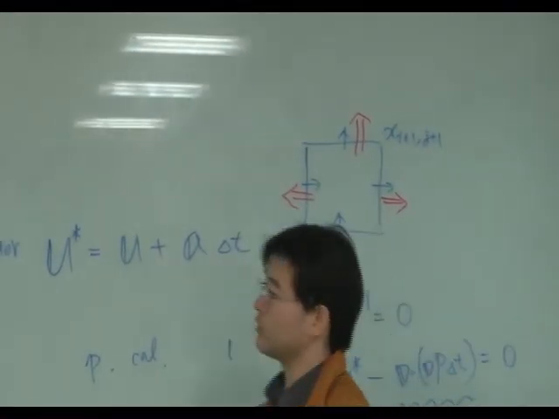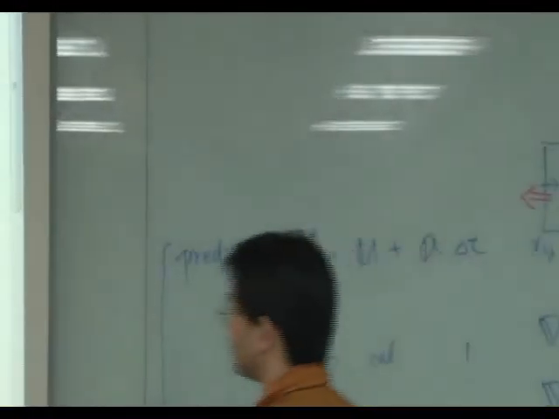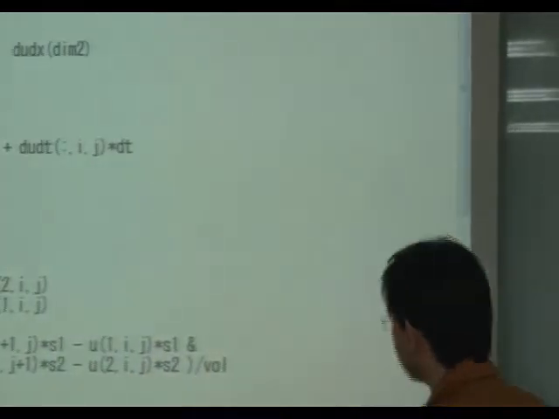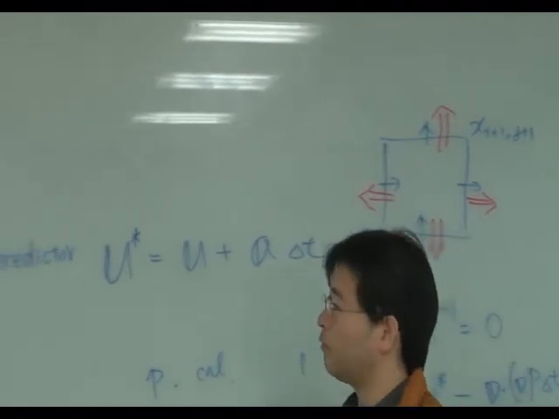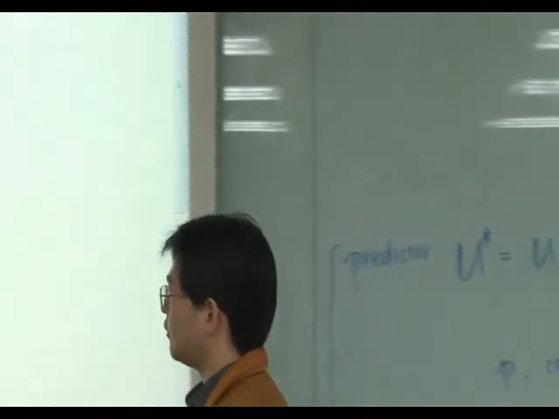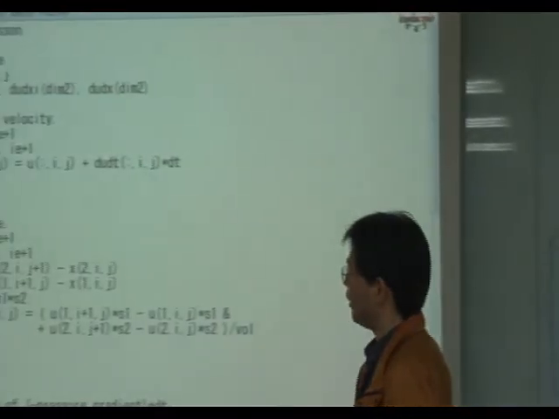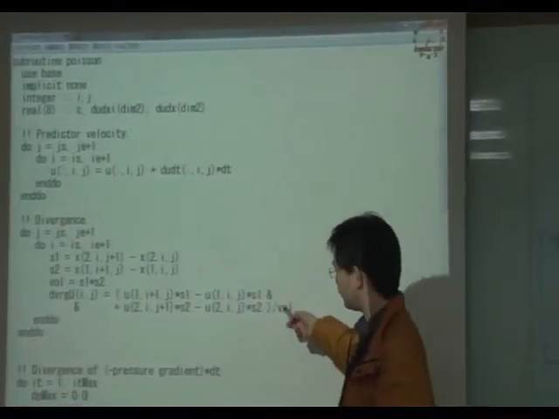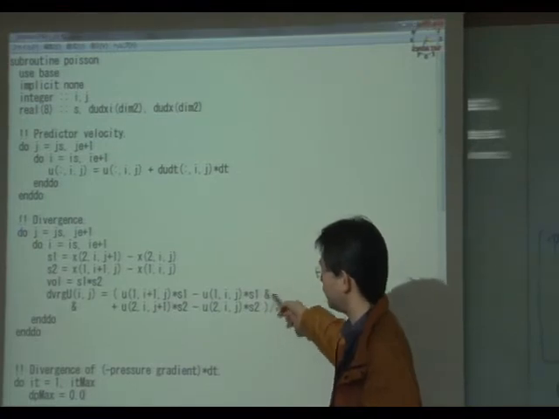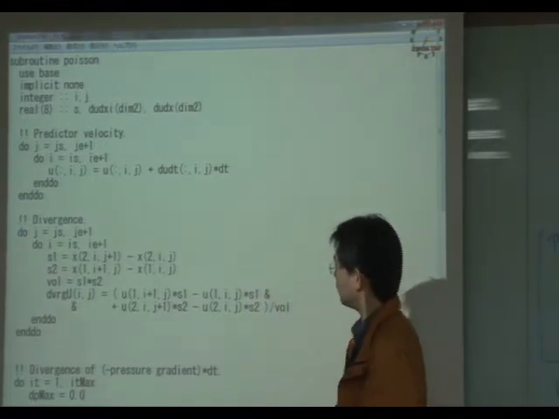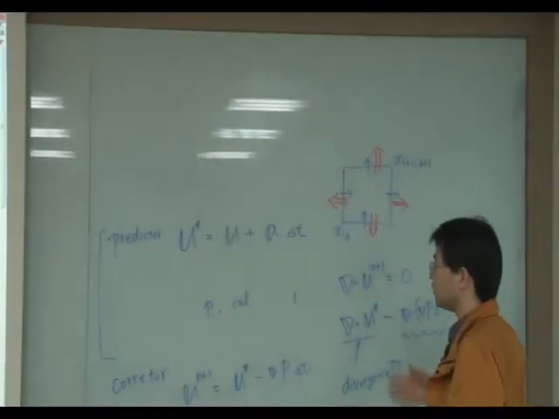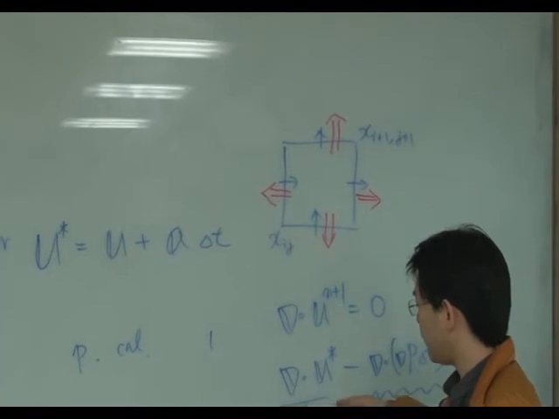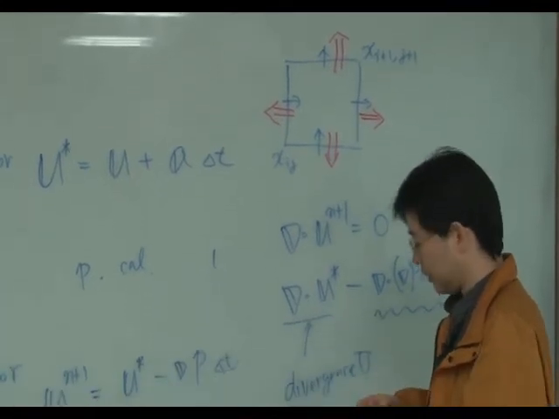And the last one is U2 ij times S2, and the sign is minus. So these four components provide the total divergence of the control volume, and it should be divided by the size of the control volume. At this point you get the information of divergence.